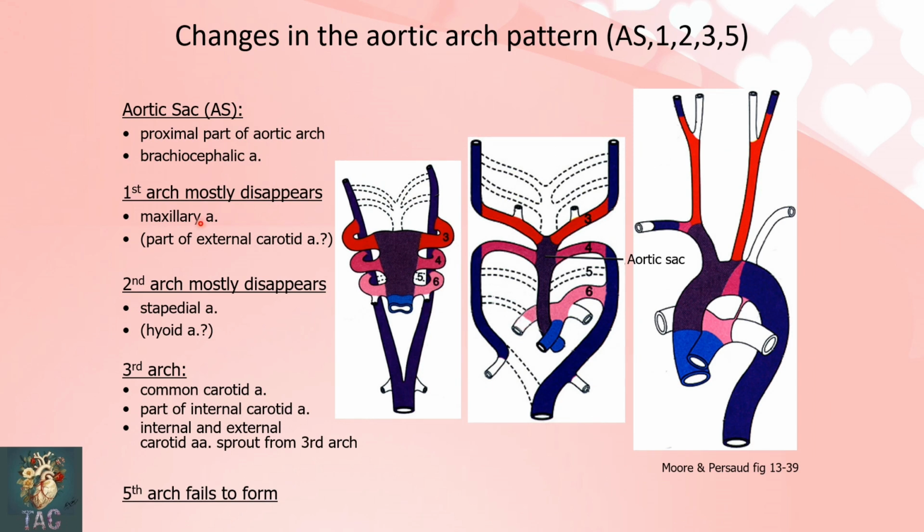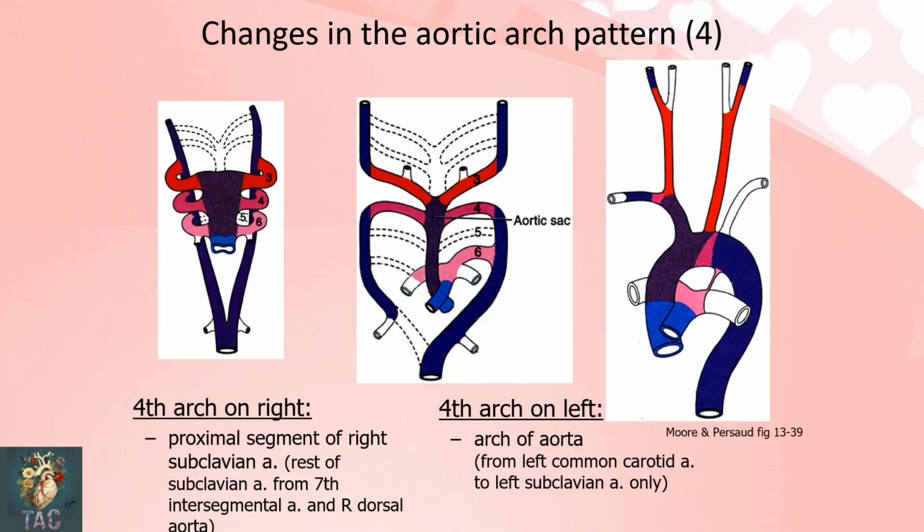So again, a repeat. The aortic sac forms the proximal part of the aortic arch and brachiocephalic. Here you can see this area which is formed from the aortic arch. The first arch forms the maxillary artery, the second forms stapedial and hyoid, the third forms the common carotid and part of the internal and external carotid, the fifth fails to form, and the fourth arch on the right side will form the proximal part of the right subclavian artery.